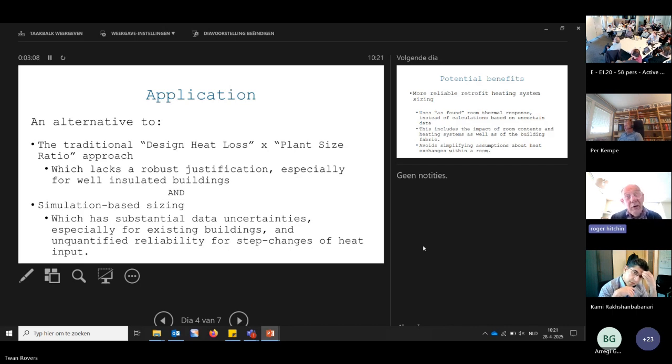And again, at least if there is, I haven't seen any convincing empirical validation of this sort of modeling when you get a step change of heat input. Most of it is to do with consumptions and sine waves and things like that. So it's questionable. I'm not saying it's wrong. We don't know. So what we're looking for is an empirical alternative to doing this. So if we can move on again.